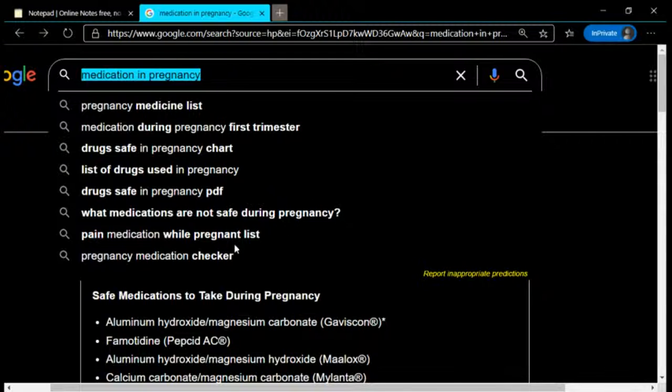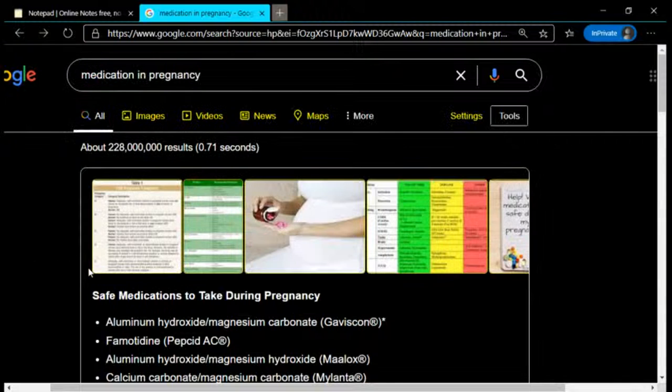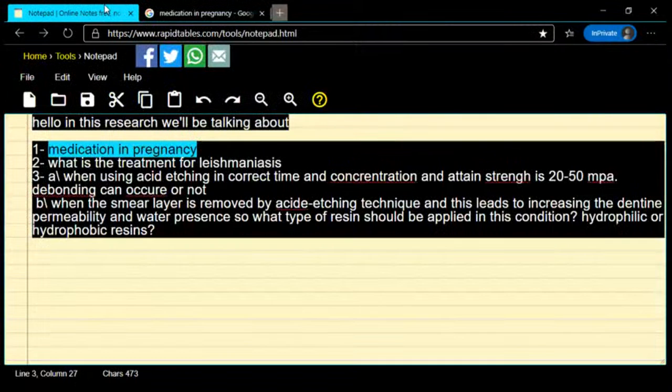There is also pain medication while pregnant lists and pregnancy medication checkers.